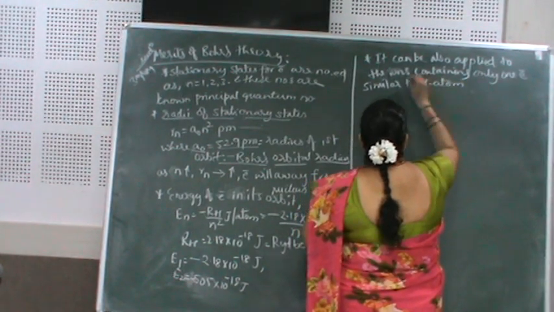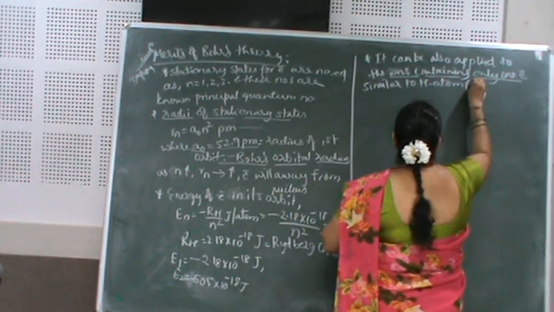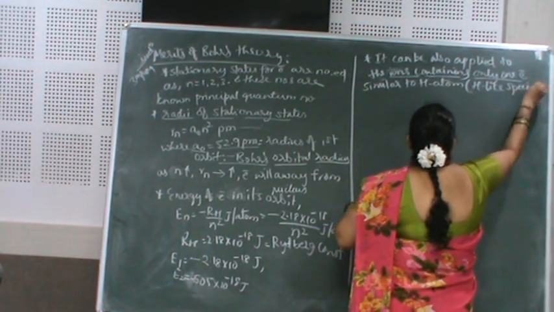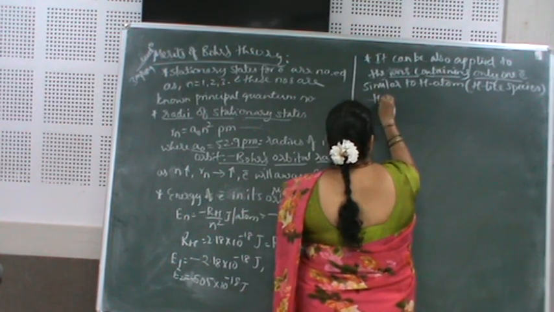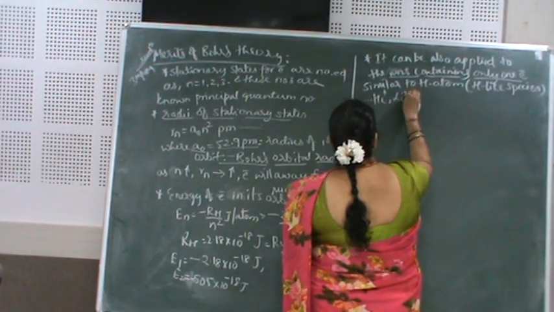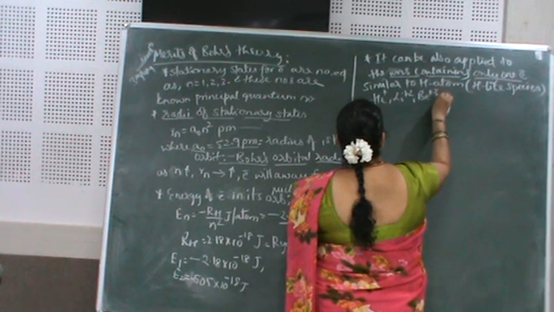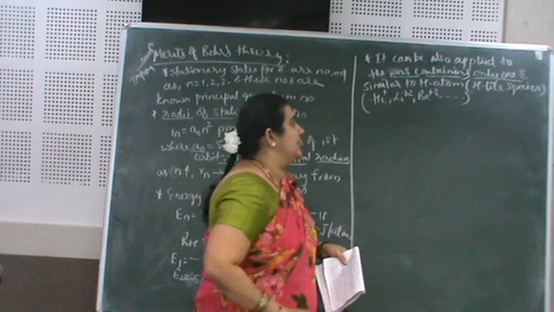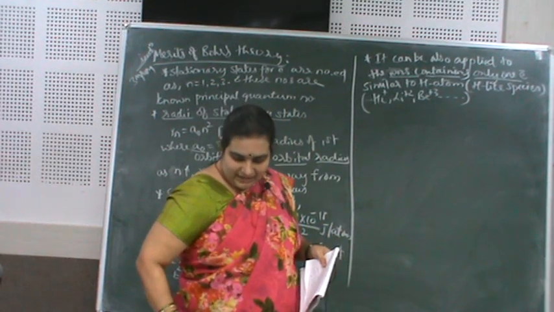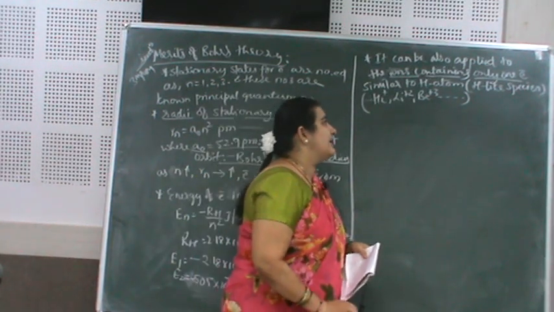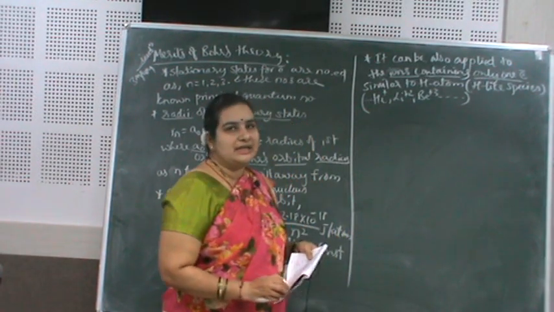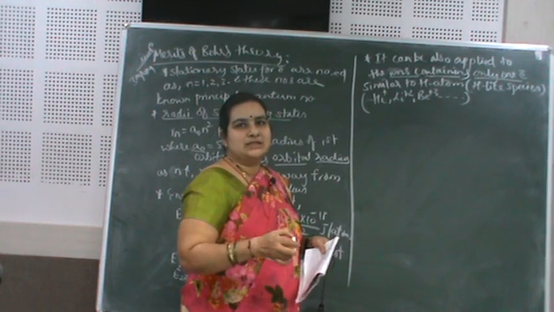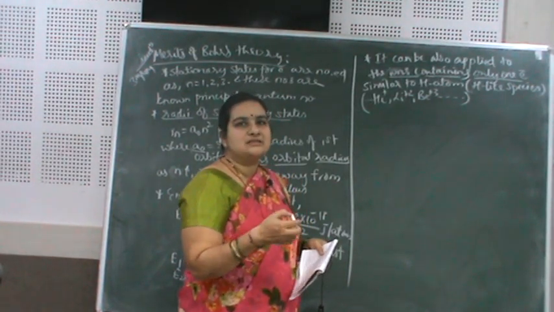These ions containing only one electron are called hydrogen-like species, and examples of hydrogen-like species are helium plus, lithium plus 2, beryllium plus 3 and so on. So Bohr's theory can be applied to ions containing only one electron.